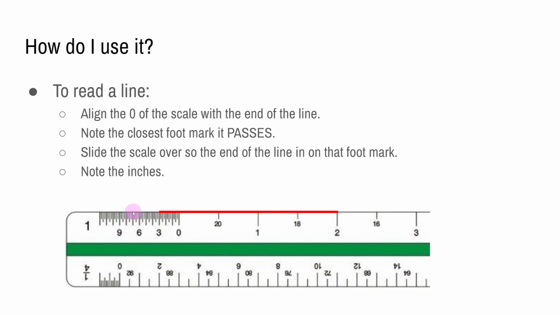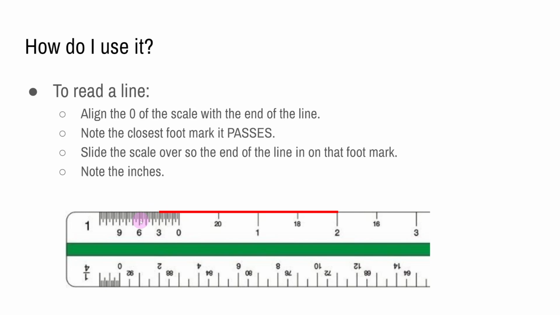Typically what I'll do is if I knew that I wanted a line to be, let's say at 1/4 inch equals a foot, 11 feet and 7 inches, instead of starting my line at the 0, I would start my line at the 7-inch mark, and then I would draw myself to 11 feet. So instead of starting at the 0, I just start at whatever inch mark I knew I wanted to start with. So drawing with the scale can be a little bit easier than reading with it.